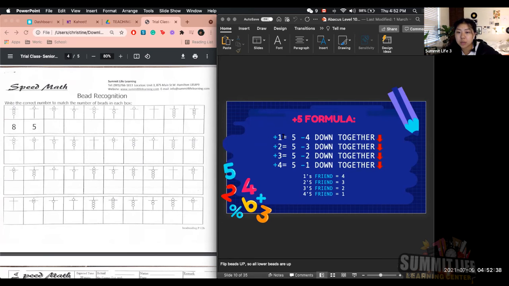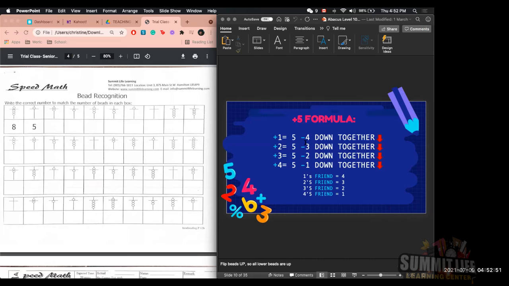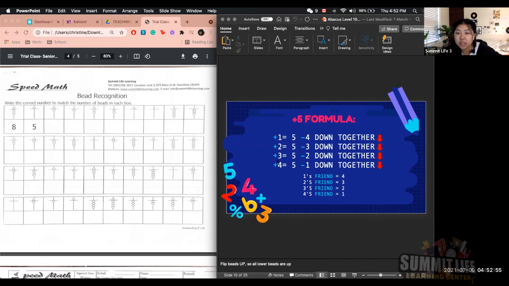So if I want to add 1, I'm gonna add 5 and minus my friend downwards. If I want to add 2, I'm gonna add 5, then minus my friend. What's 2's friend again, Timmy? 3. Yes, so to add 2, I minus my friend, which is 3. That's why the friends are so important, because it tells you what to minus. If I want to add 4, I need to minus my friend, which is 1, okay?